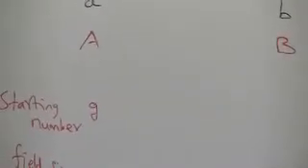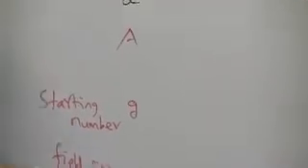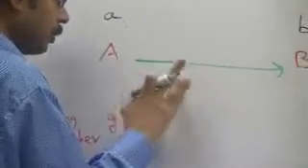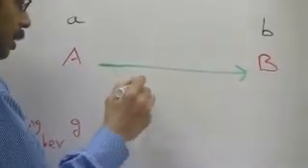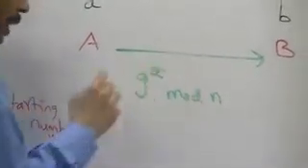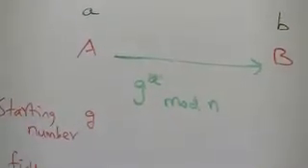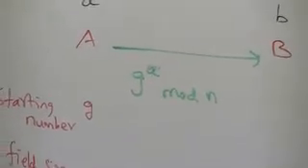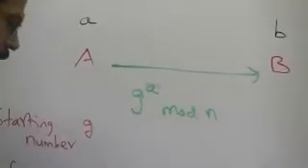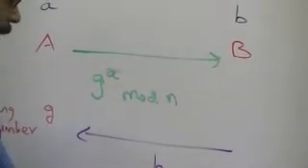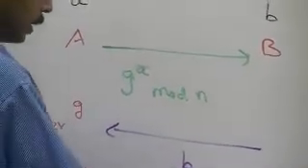And then what happens is Alice computes G raised to A mod n and sends it to Bob. And Bob computes G raised to B mod n and sends it to Alice.